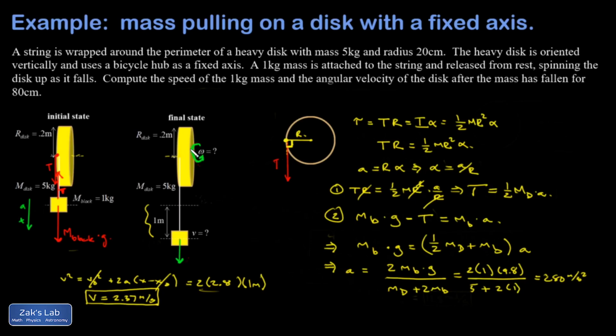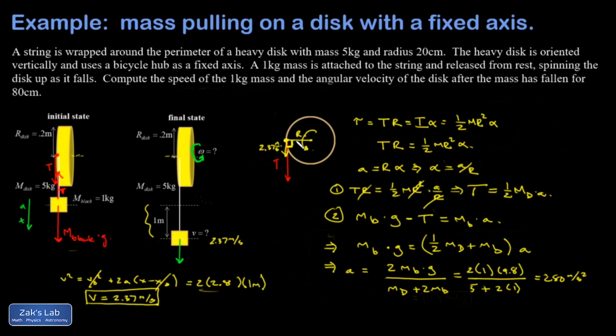Finally, I want to know what the angular speed of the disk is. And again, I'm going to look at my side view here to think about that. I have the speed of the mass, this 2.37 meters per second. That means the string is moving at 2.37 meters per second. And the string is not slipping, so it must be moving exactly the same speed as the edge of the disk.